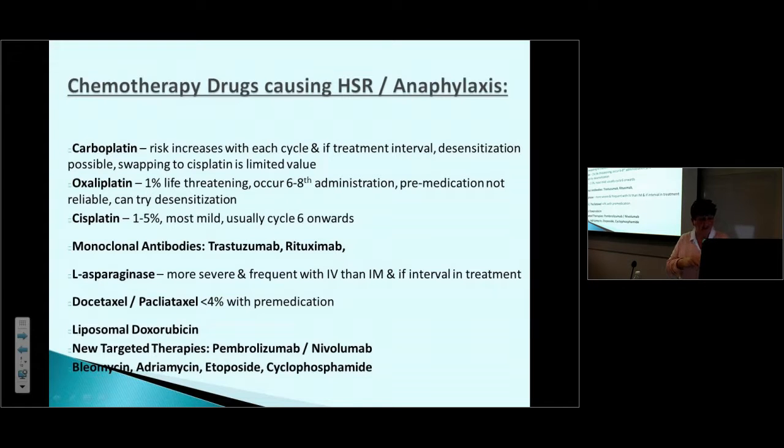Docetaxel, Paclitaxel, if we don't give pre-medication, then 40 to 50% of patients will have a reaction to these drugs. Interestingly, there's an article come out, we're currently reviewing it and debating, but where we give weekly Paclitaxel infusions, there is talk about us not giving a pre-med with that drug.